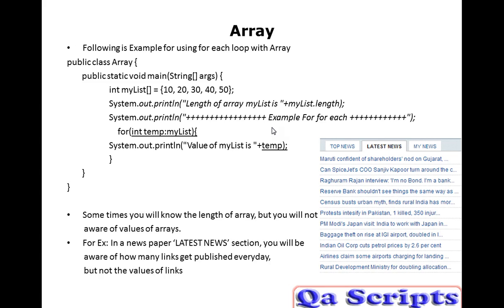In this latest news, in real time, the number of links will be fixed, maybe 10, 15 or 20, but the values will keep changing. For example, the first link here says Maruti confident of shareholders so and so, but tomorrow the link will be there, but the text of this link may not be the same, it may be different, right?